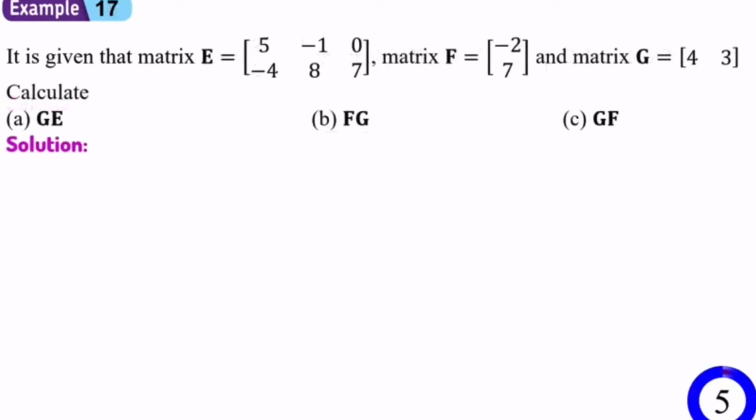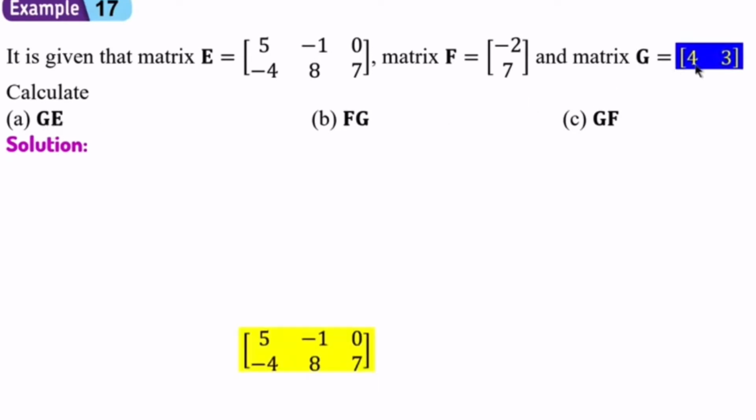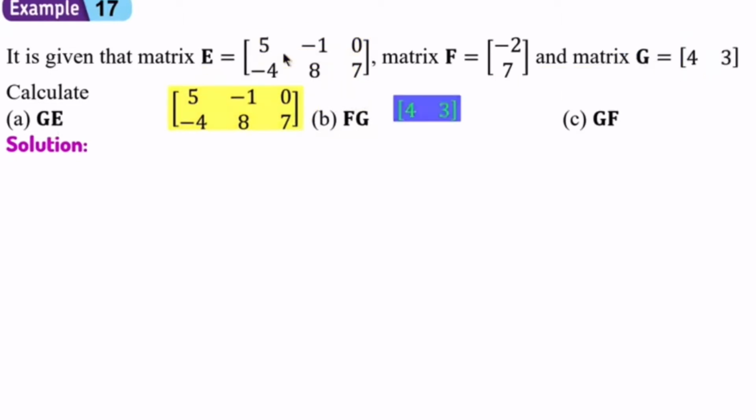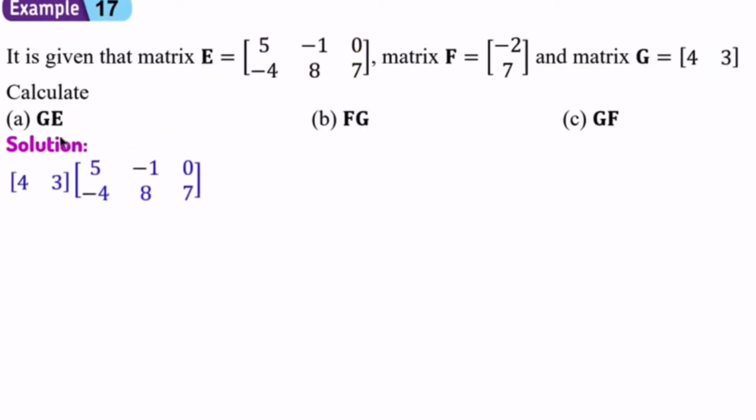Now let's have a look at another example, which is given that matrix E is 5 negative 1 0 negative 4 8 7. We want to multiply the matrix G, 4 3, with the matrix E. Let's write down matrix G first, followed by E. So 4 3 and 5 negative 1 0 and negative 4 8 7.